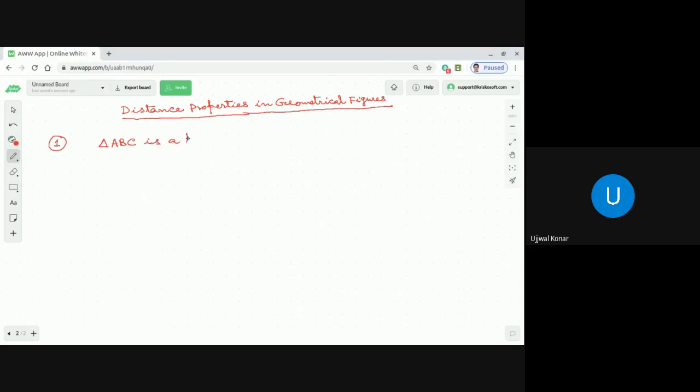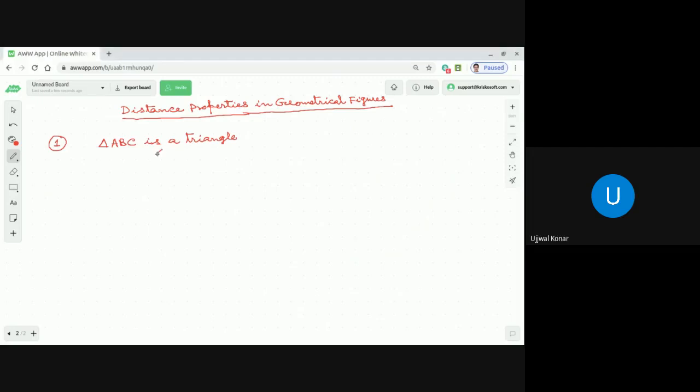Now, if the coordinates of points A, B, C are given to you, from there you can conclude whether the triangle is an isosceles triangle, an equilateral triangle, or a right angle triangle. How can we find it out?